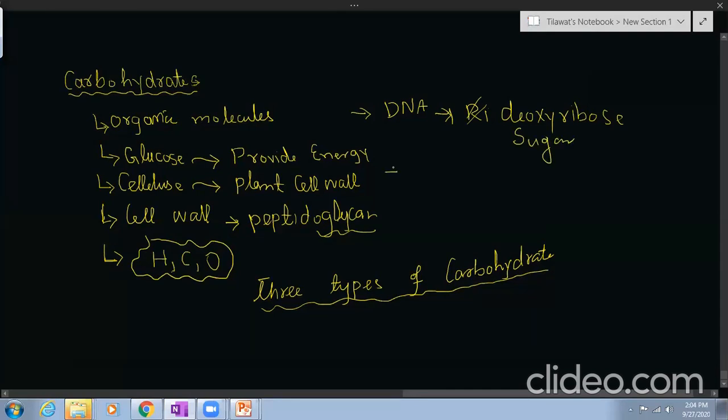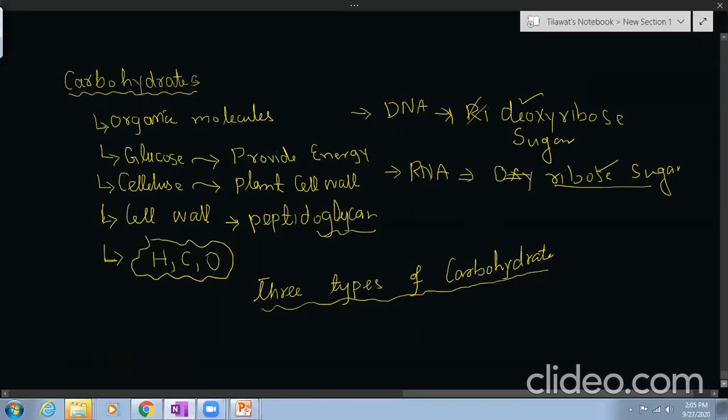And in our RNA we have ribose sugar. That one is deoxyribose and this one is ribose sugar. That's present in our DNA and RNA. It means in the formation of nucleic acid, carbohydrate also plays an important role. The carbohydrate is part of that nucleic acid.